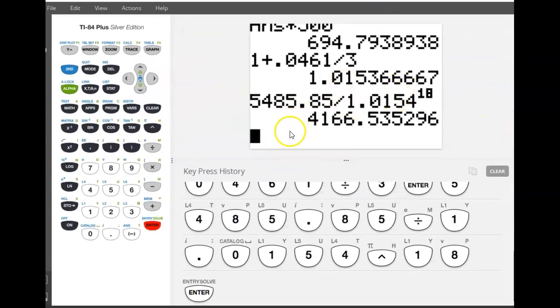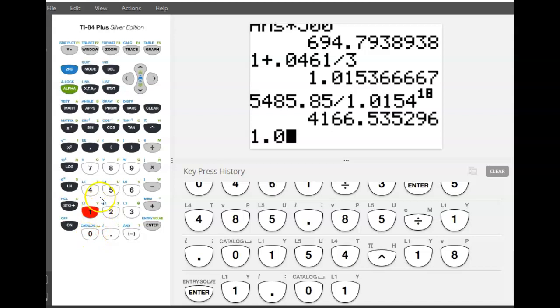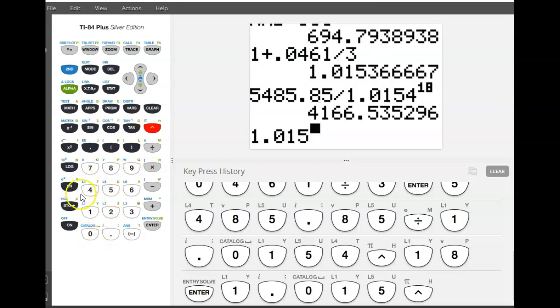Now, just to show you on the calculator here, here's how I put that in. Let's say that I took this number up here, and let's go back and say I rounded in a different spot. So let's say I did 1 instead of, this was what was inside my parentheses right here, 1 plus 0.046, split it up. All right, so let's say I did 1.015, and I'm going to put it to the 18th power.